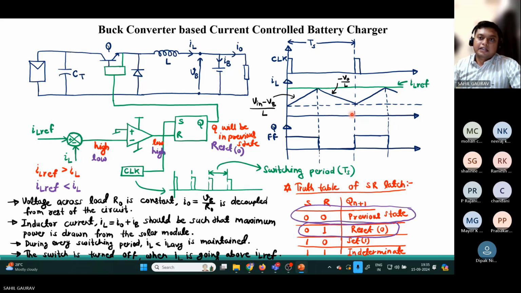Again it gets a signal from this clock, so it sets the value and turns on the switch, and if it wants to increase the value beyond this IL difference, then again the SR flip flop resets its value and turns off the switch Q. So the switch Q gets turned off, and this inductor gets discharged through this battery or load. So this is the buck converter based current control battery charger. Any doubt till here?